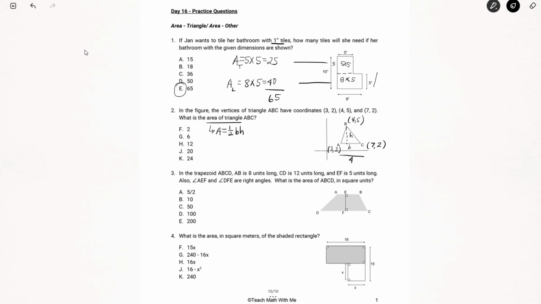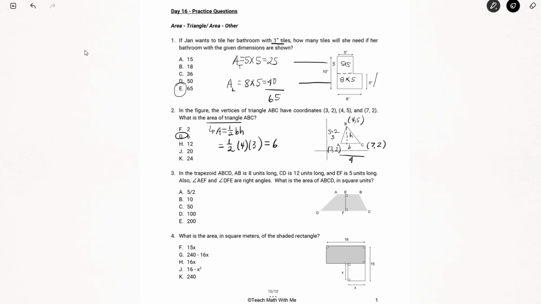And for my height, I can use either A or C with respect to B, looking at the y components. We went from 5 to 2, so 5 minus 2 is going to be 3. So that's my height. So I can go back in and plug into my formula here. My base was 4, height of 3, 1/2 of 4 times 3 is 1/2 of 12, which gives us 6. That is answer choice G.